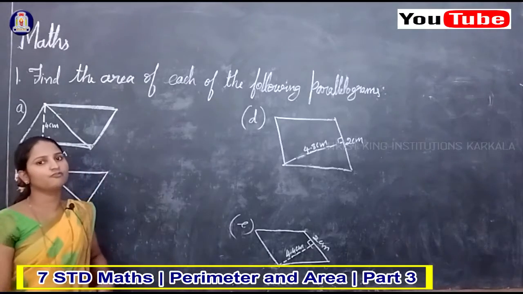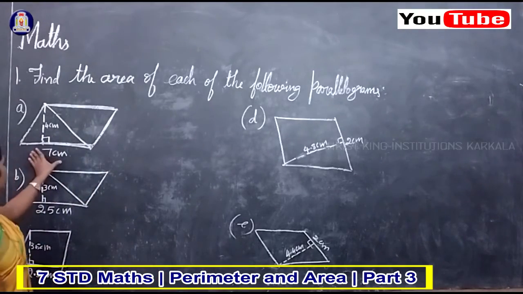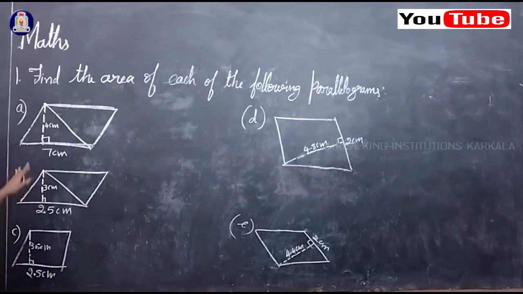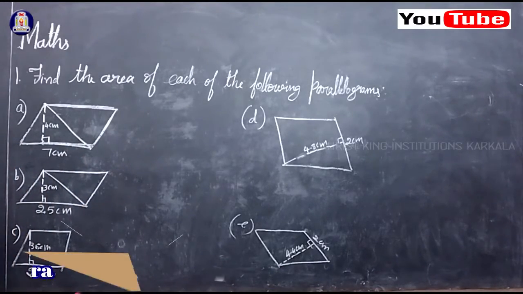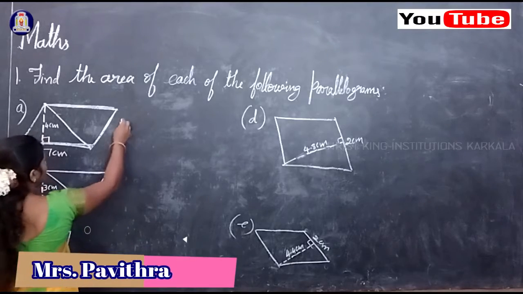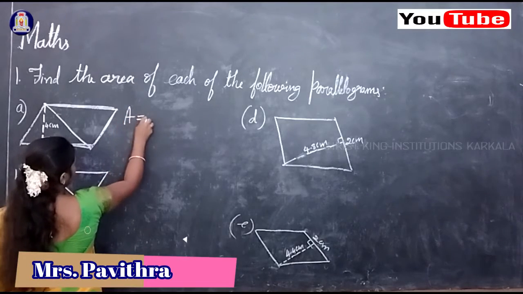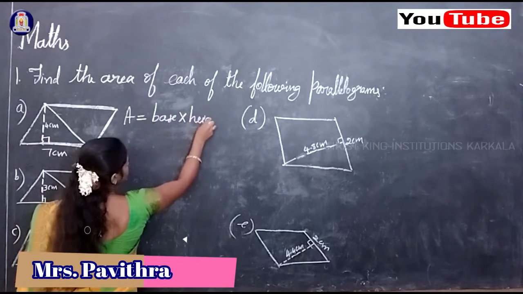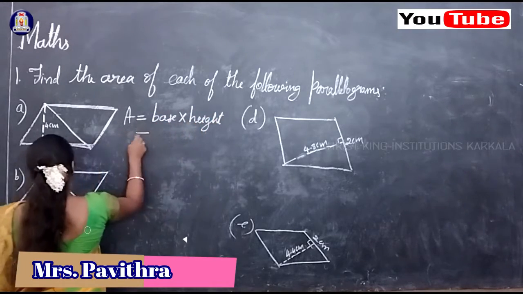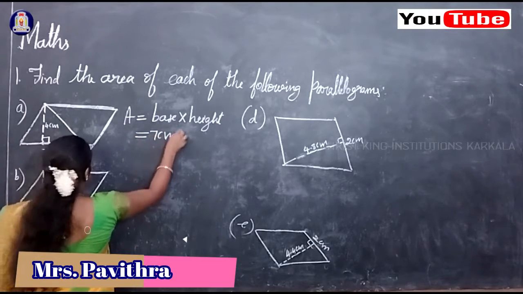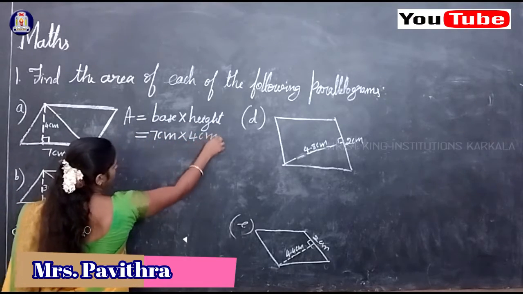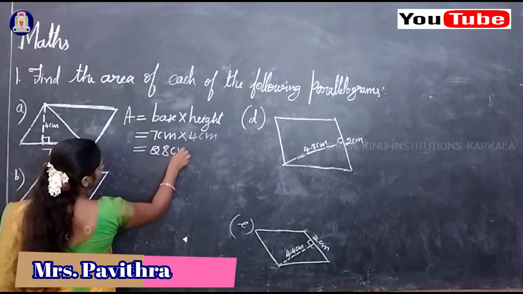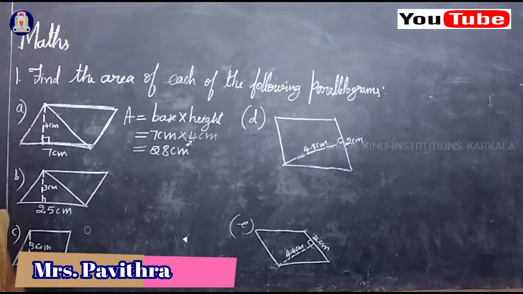Now we'll see how to find the area of the given parallelogram. To find the area of a parallelogram, you must know one base and one height. If you know base and height, then you can find the area. See children, the formula is area of parallelogram is equal to base into height. So base is 7 centimeter and height is 4 centimeter, so we can multiply these two. 7 4s are 28 centimeter into centimeter, centimeter square.